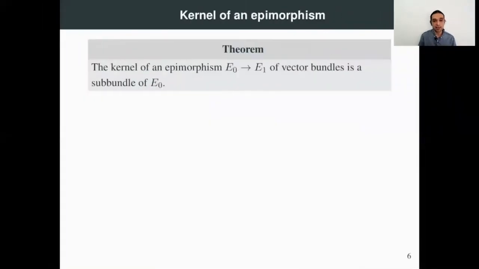Another way of obtaining a subbundle is considering the kernel of an epimorphism between vector bundles. The kernel is going to be a subbundle of E0.